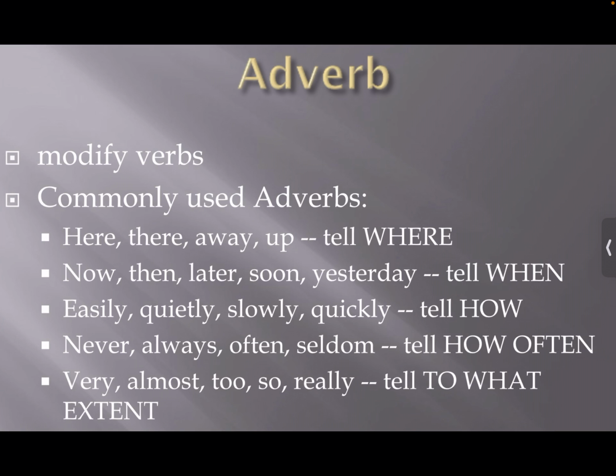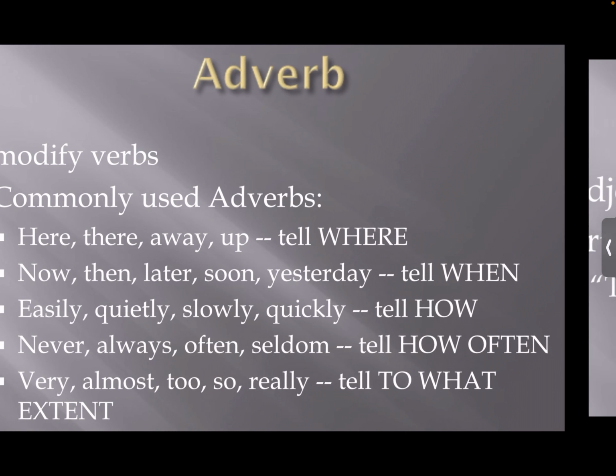When we use how, we are expressing is it quickly, slowly, quietly, easily. When we talk about how often, we can say never, always, often, seldom. And when we talk about to what extent, we can use very, almost, too, so, rarely. These are all adverbs that give more to our sentences.